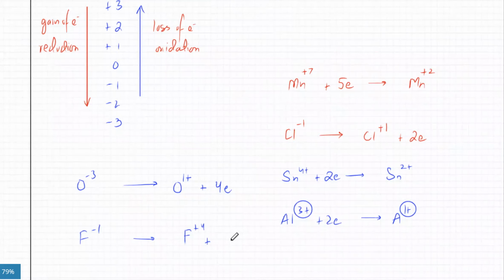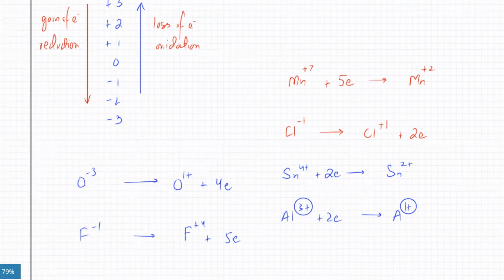So how many electrons are lost? 4. The -1 to +4. What's the difference between -1 and +4? That is 5. So 5 electrons are lost. I just feel we need to practice this a bit more.